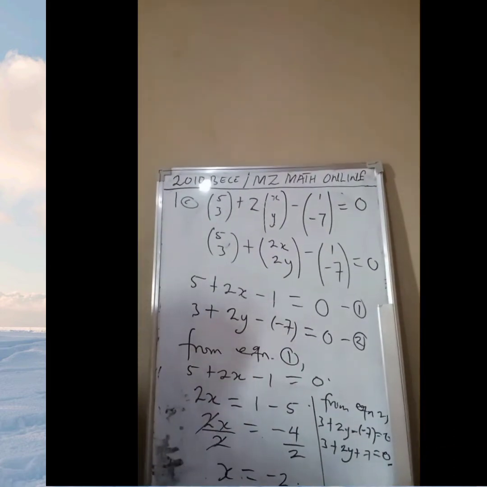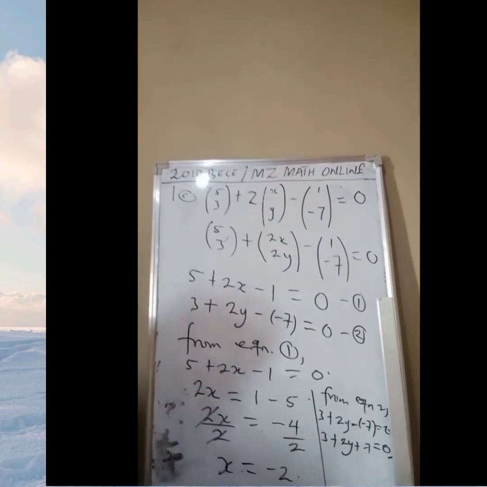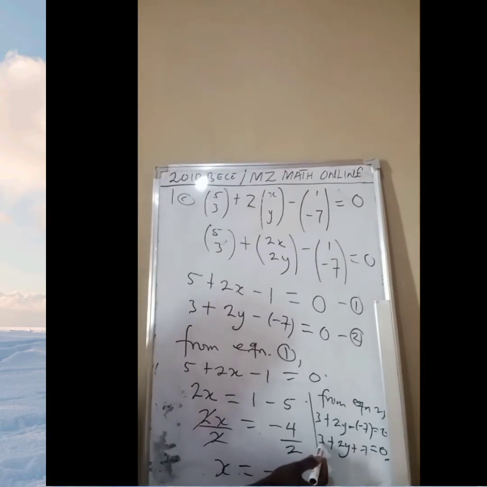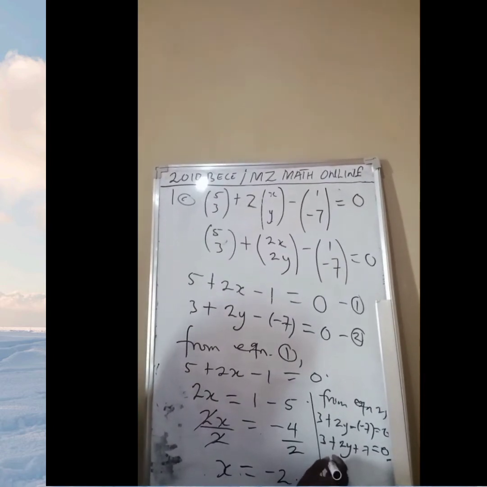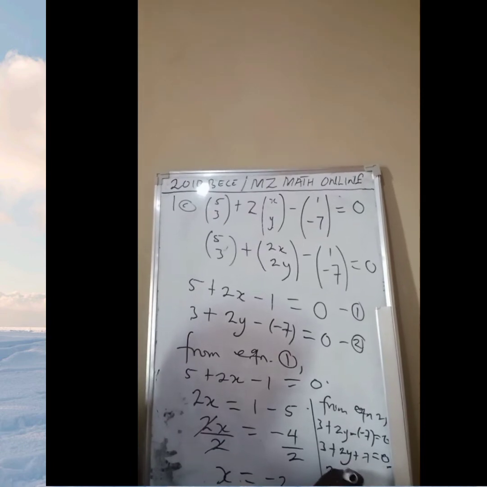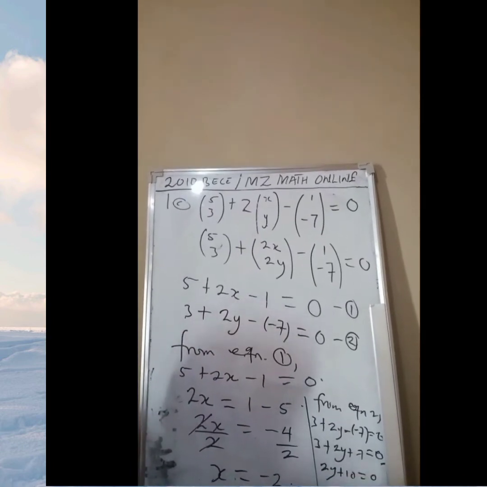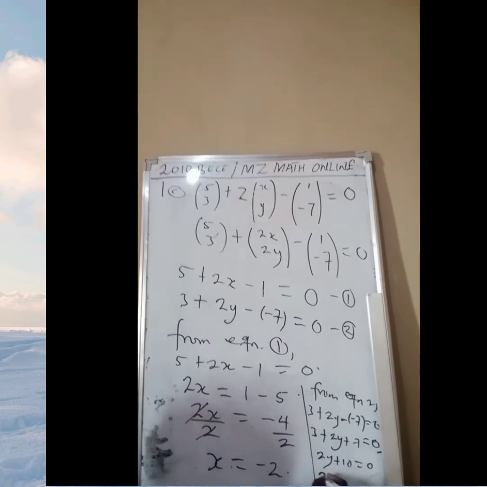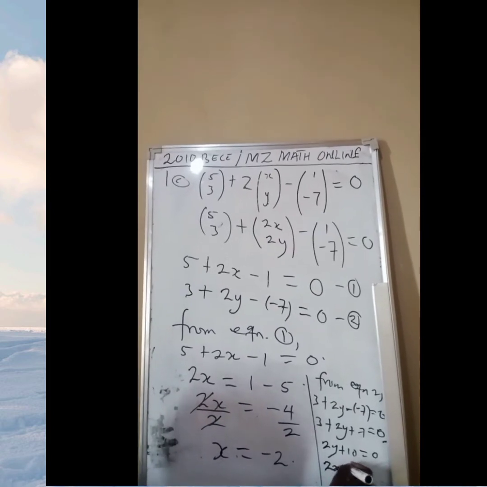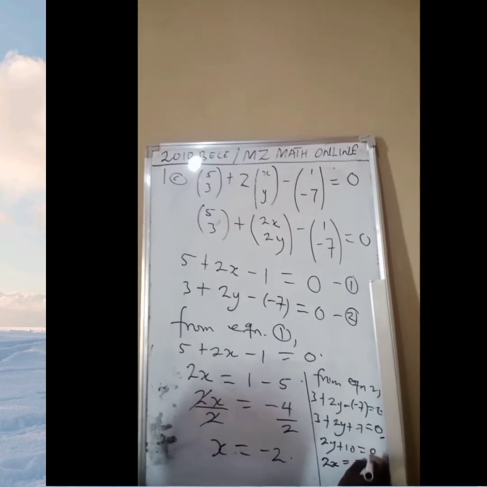Then we make y the subject by grouping like terms. So you can add this 3 to this 7. That will give us 10. We have 2y plus 10 is equal to 0. 2y is equal to negative 10.